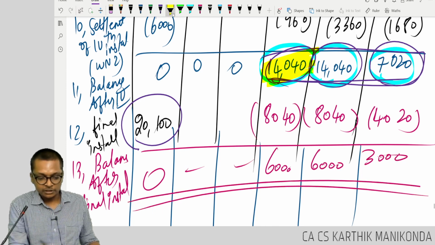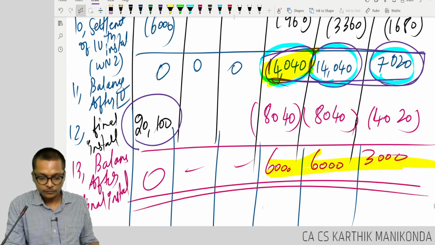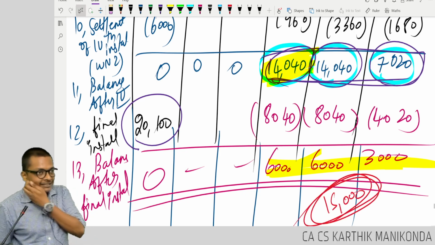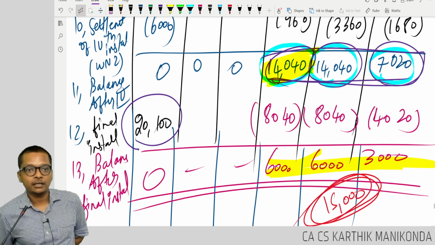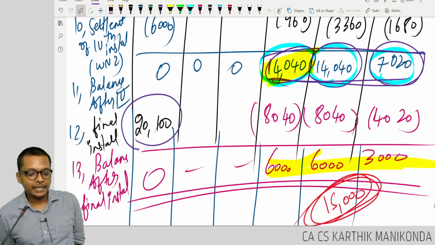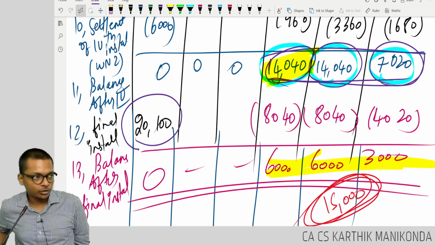Total of this is how much? 15,000. This is the loss I am not able to pay. Are you following, guys? This is what they will share. Everybody got it, guys? Okay.